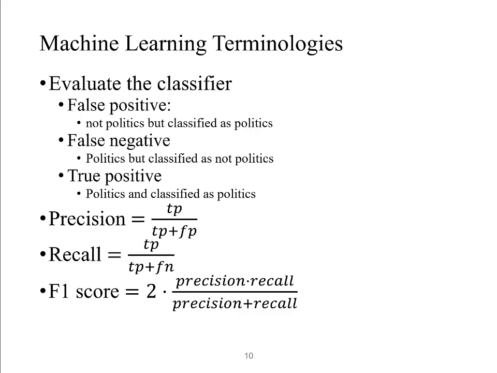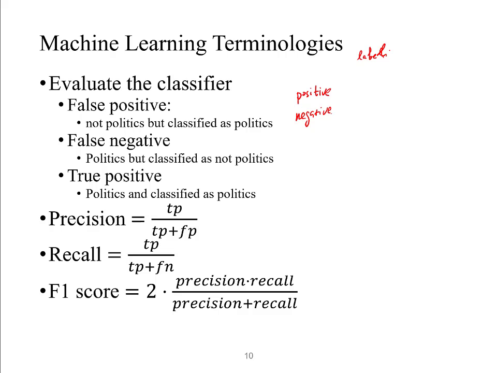And okay, false positive. In order to know what is false positive and false negative, we need to define what is positive and what is negative first. So it is about the label. It is all about the label.